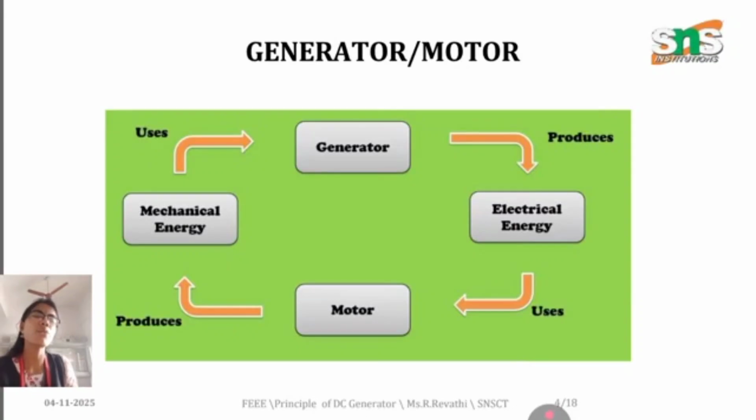The dynamo acts as a prime mover in this DC generator. We have discussed the energy conversion system: in a motor, electrical energy is converted into mechanical energy, whereas in a generator, mechanical energy is converted into electrical energy.